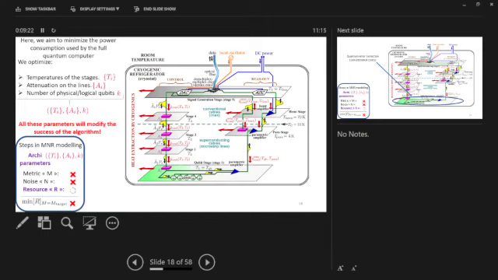In this work, we choose to optimize the temperature of each of the gray stages. Actually, it's not exactly each of the gray stages. We do not optimize the temperature of the amplification stage. But to summarize briefly, we optimize most of the temperatures in this cryogenic unit. We also optimize one thing that is called the attenuation. I will come to it later. And we optimize the number of physical qubits per logical qubit.